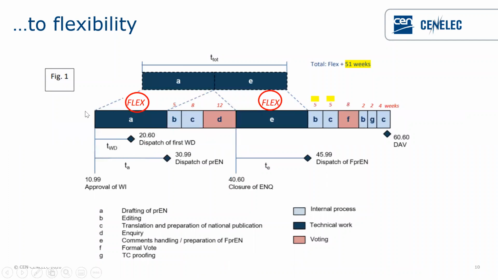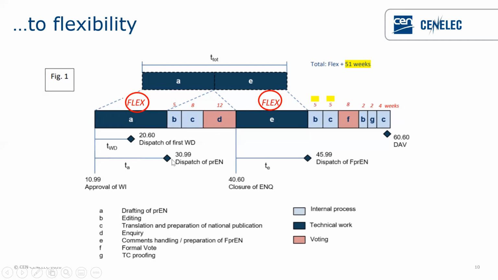Basically, the question is if during the premium work item the TC has worked on the document and it is more or less ready, can the TC skip the dispatch of the first working draft and go directly to inquiry.